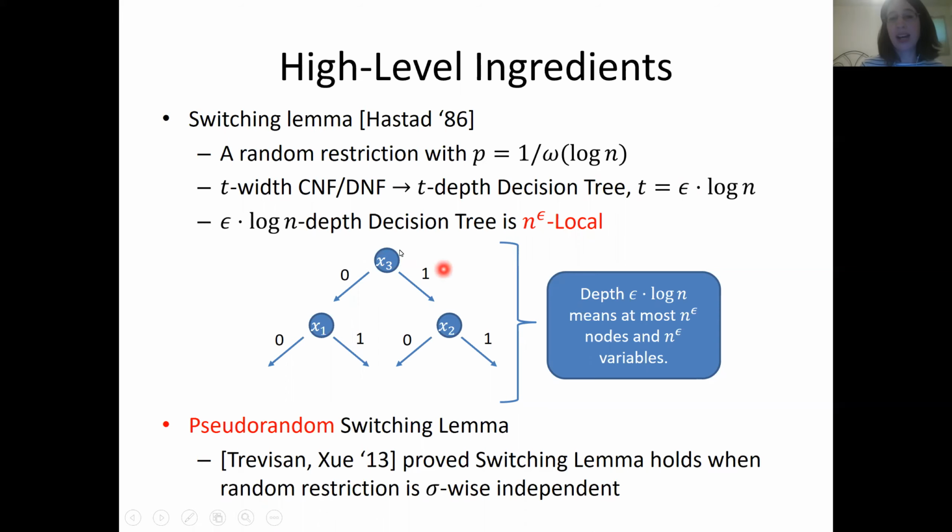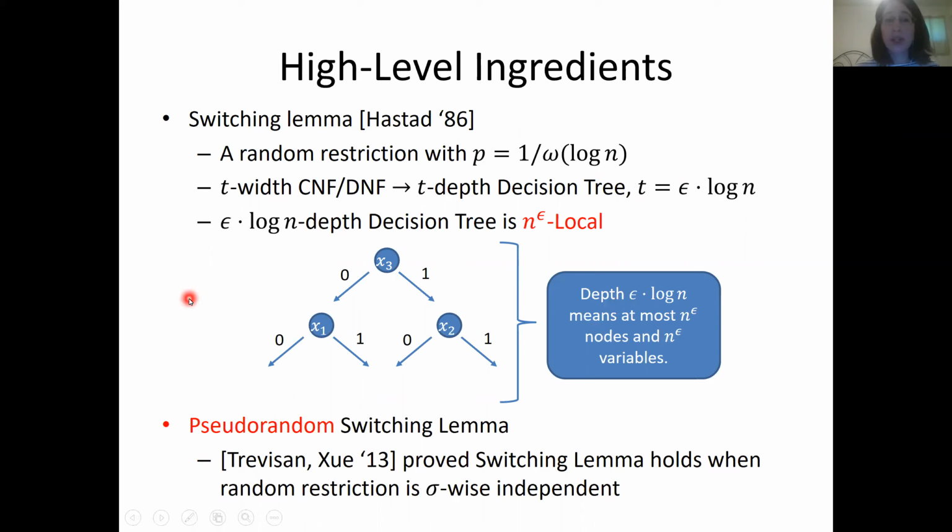The reason is that if it has depth epsilon times log n, since it's a binary tree, the number of nodes in this tree is at most n to the epsilon, which means that we only ever look at n to the epsilon variables. So this decision tree is also a local function.